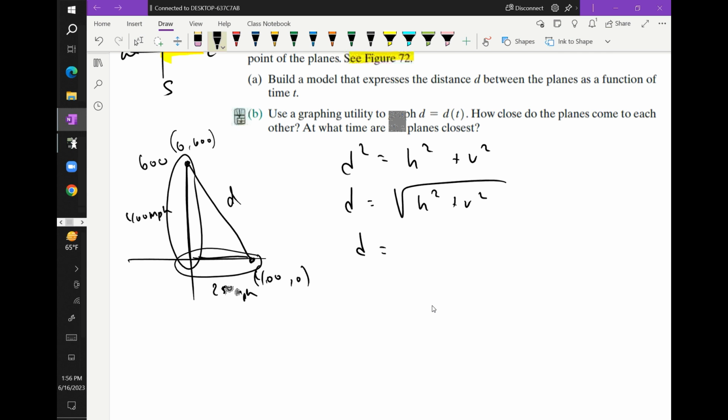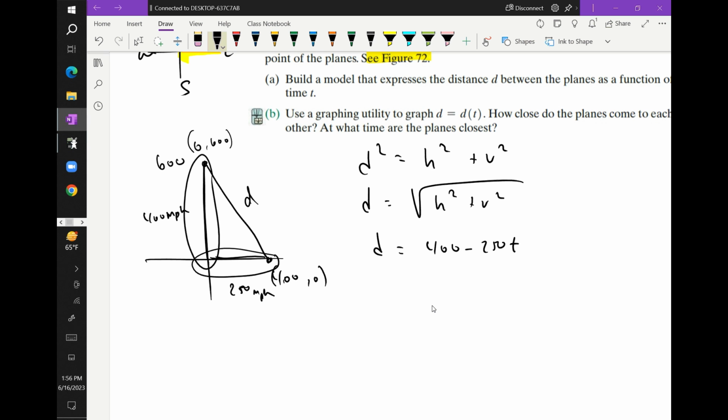On the horizontal, I'm 400 miles away from the intersection, but I'm decreasing this distance because I'm traveling 250 miles per hour. So I say 400 minus 250 times t, where t is time, all squared.